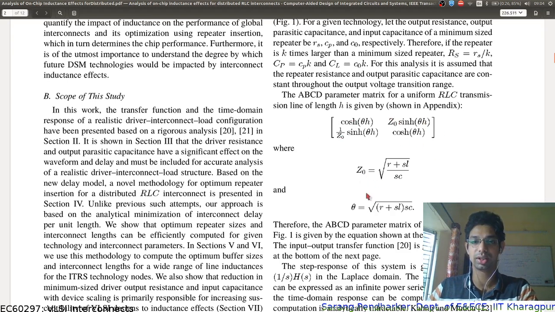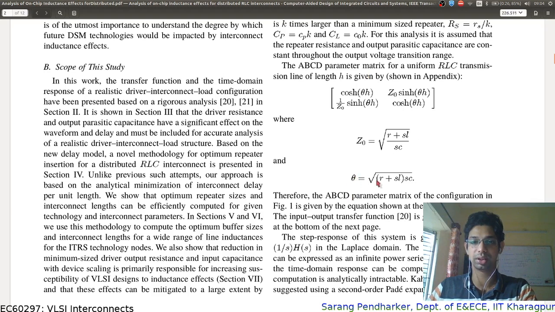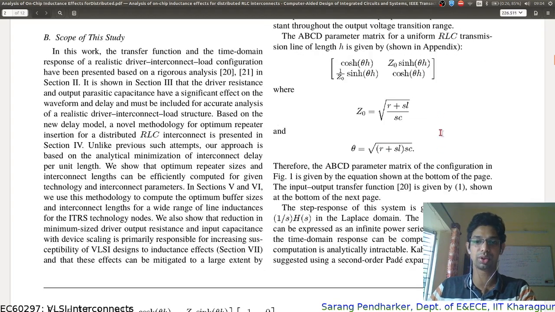Here you have what we are calling gamma L, which is actually captured in here. You should be familiar with these expressions now. We have derived both of these.